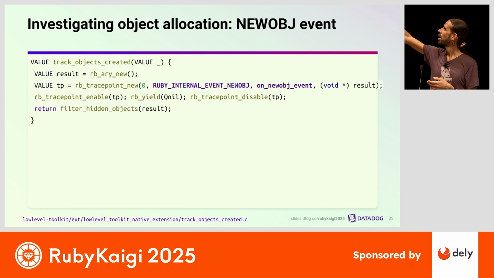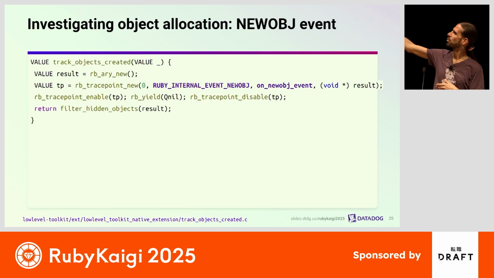And then we pass a function, on new object event, which is the function that Ruby is going to call when a new object gets created. And then there's a bit more boilerplate. We have to call a function to enable the trace point. Then we call rb_yield to yield back to Ruby and run the block. And then when Ruby returns, we disable the trace point, and we have to do that filter hidden objects step that I will explain in a bit.